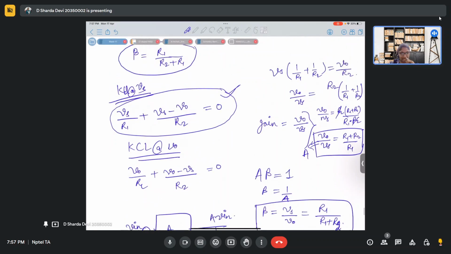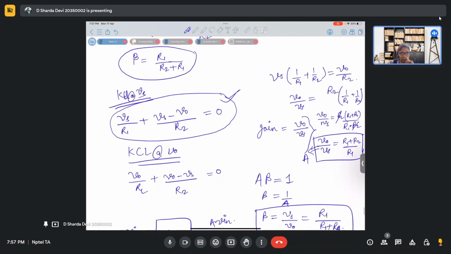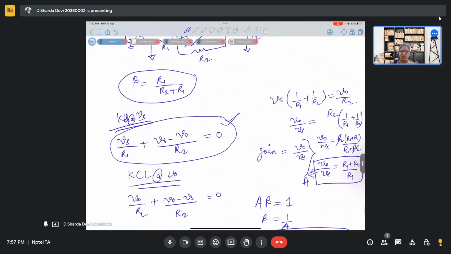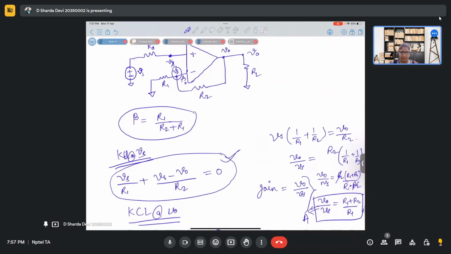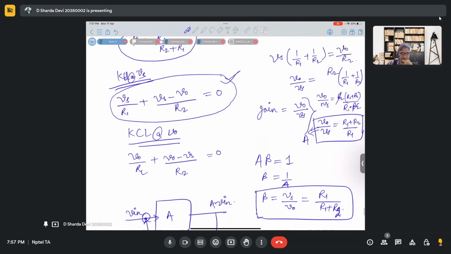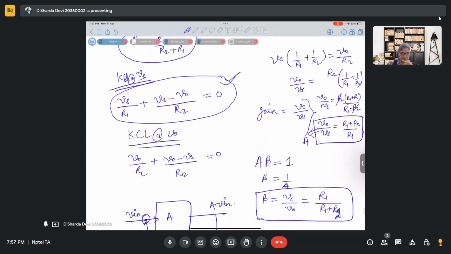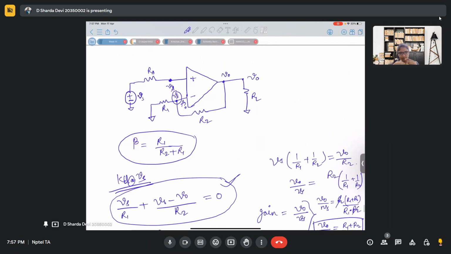So what are they calling beta as? Is it the forward loop or the feedback path? Just the feedback factor. Feedback factor.